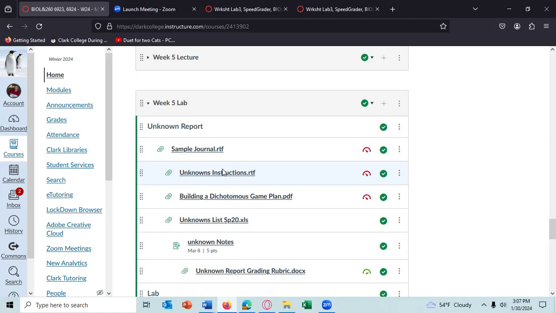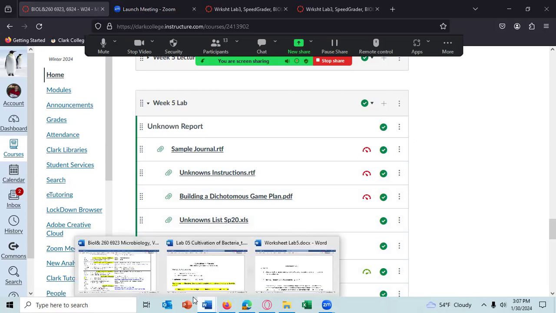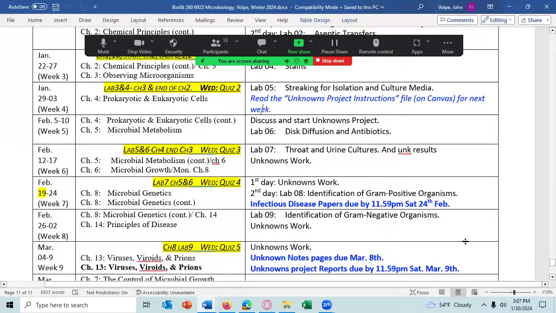So do get started on your infectious disease project. That project is going to be coming due fairly soon. Let me look on the syllabus when that's due. It's going to be due Saturday, February 24th, so in about 3 weeks.